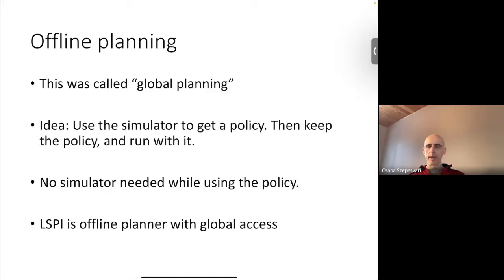Okay. And the other thing to notice is that, well, okay, this is a global access as opposed to local access simulator. It still required this G-optimal design, which for what we know could be intractable. By the way, if you talk to a numerical analyst, they're going to have very specific ideas about how to choose basis functions for solving certain numerical analysis problems.